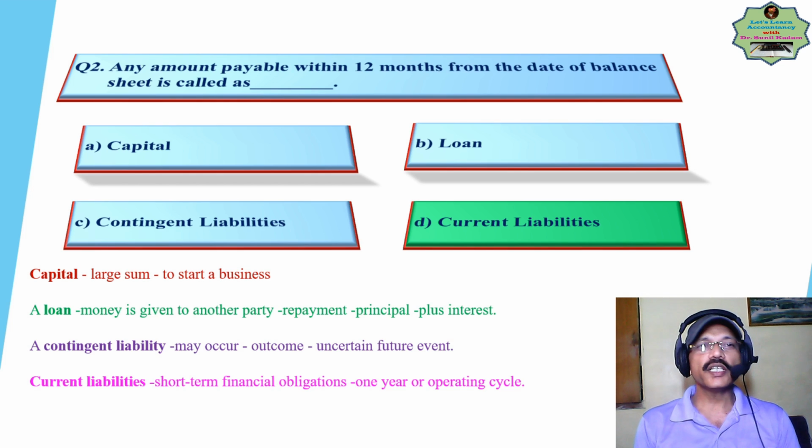A contingent liability is a liability which may or may not occur, and we cannot guarantee it right now; it depends upon uncertain future events. If it happens, then it will be a liability; if it does not happen, it won't be. That's why there is no surety that it will be paid within 12 months. Hence, the correct option for this objective is current liability.